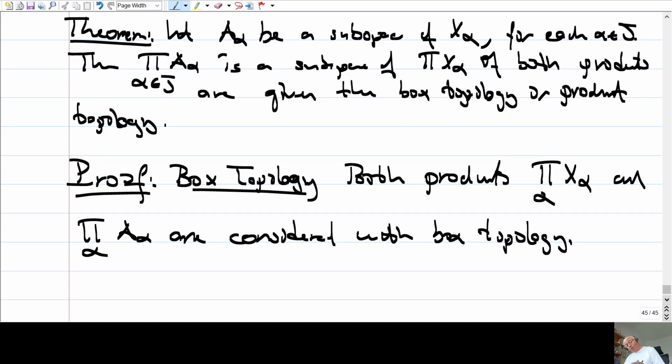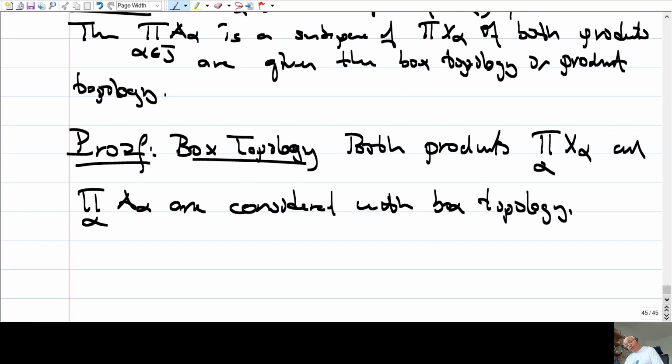And what I claim is that if this has the box topology and this has the box topology, then this thing is a subspace of this. It is not clear why this is a subspace of this, even though each A alpha is a subspace of X alpha. Maybe it is clear, but it is not immediate. But of course it is.